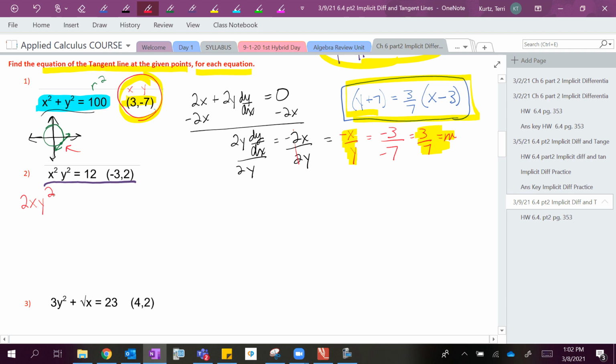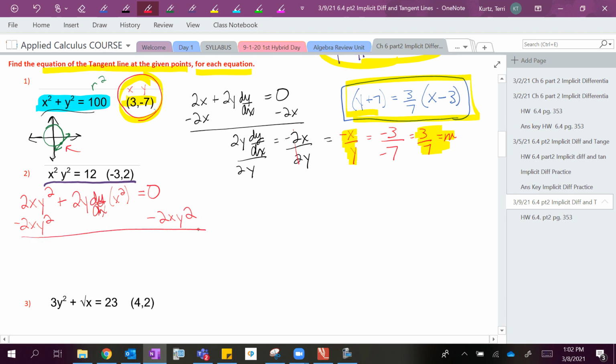Because x squared is our first function, y squared is our second, plus derivative of the second function, which is 2y dy/dx, times the first function, which is x squared, and then equals 0.